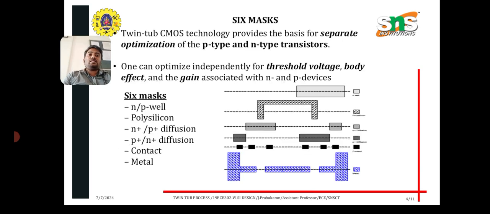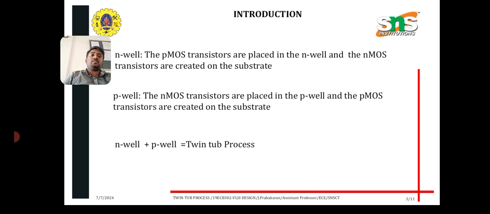before we see the six mask, we will see the steps in the twin tub process. Let me see what steps are involved. First step, starting material, initial oxidation, photoresist deposition, and another step is N-well masking, and the fifth step is oxide etching and N-well formation.